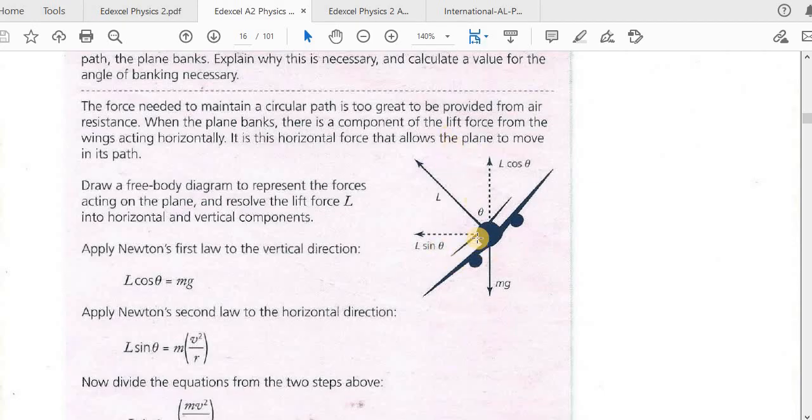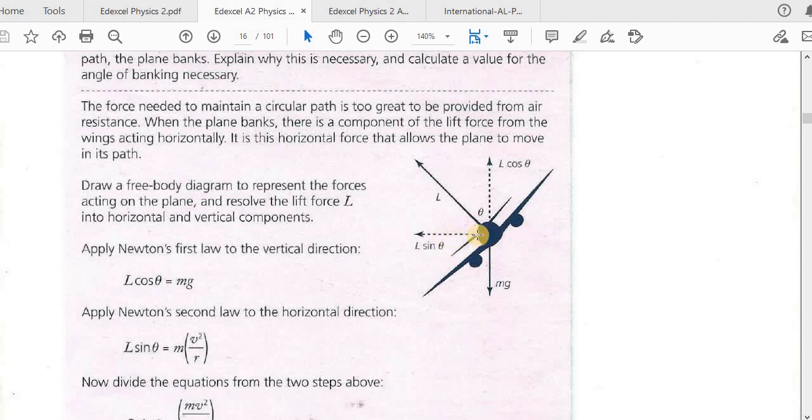So this is where you have to figure out. Now here you have the force this way and also the weight force. So the resultant force is actually that one. Now if it's moving with constant speed, then for it to move in a circle, the centripetal force should be this way, which will be the component of this lift force in this direction. So you see, this is L, this is theta, right?